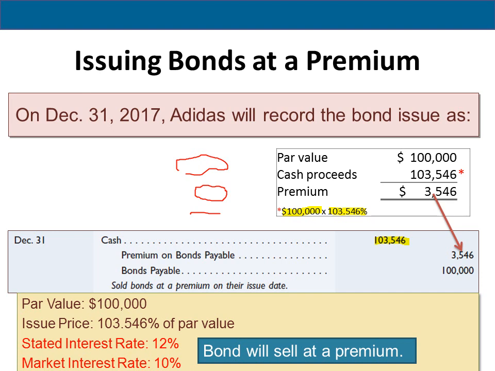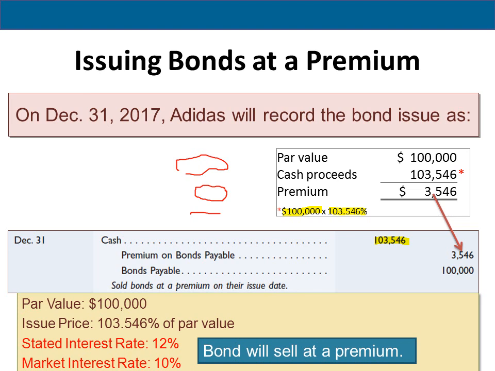This premium on bonds payable, we call it an adjunct account. Adjunct means associated to the original account, which is bonds payable. Bonds payable and premium on bonds payable both have a credit balance. So its nature is credit balance.